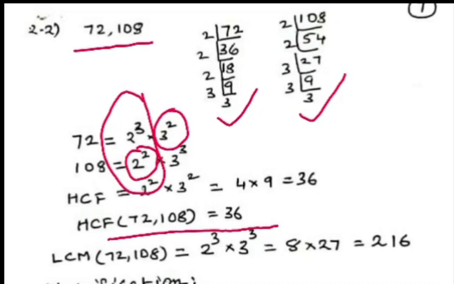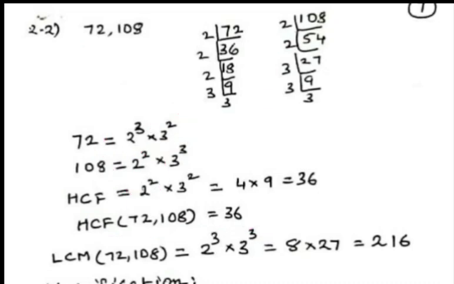We have to consider the smallest power only. Between 2 power 2 and 2 power 3 we consider 2 power 2, and between the powers of 3 we write only 3 power 2, since the index is the minimum of the powers 2 and 3. So HCF equals 2 square multiplied by 3 square.